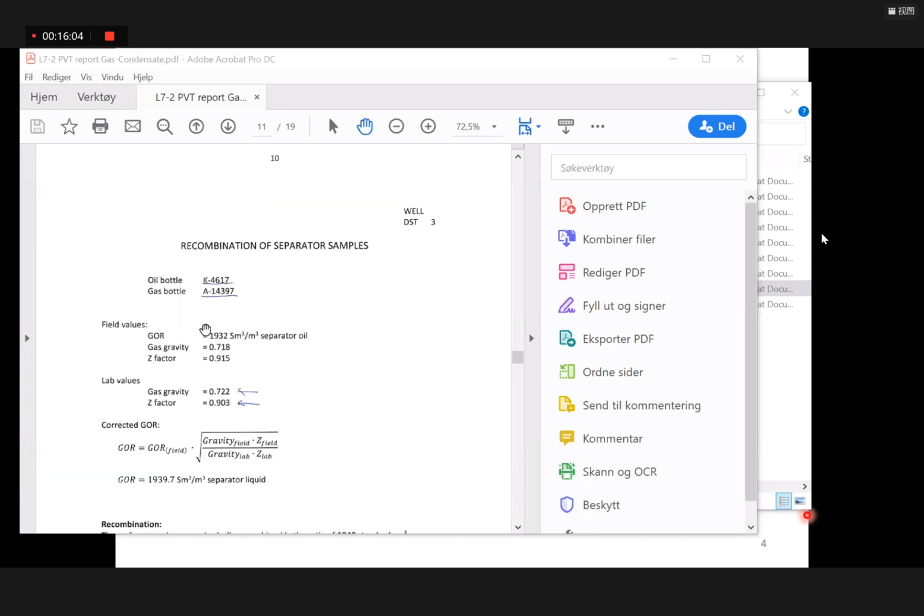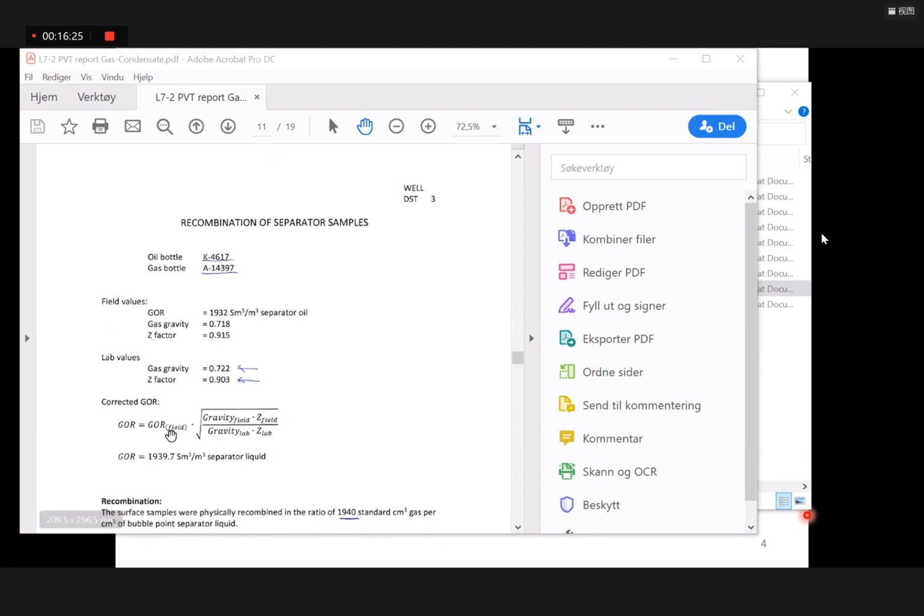And then this is the recombination information that we need in the laboratory to recombine the oil bottle from the separator, or separator liquid, and separator gas. And we correct GOR to laboratory conditions. And we have more accurate values of gas gravity and the compressibility factor for the gas.